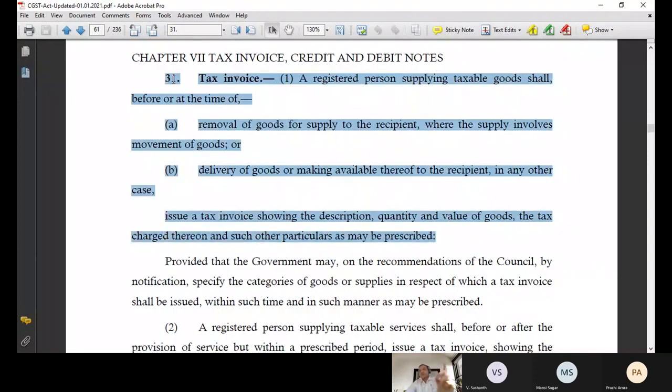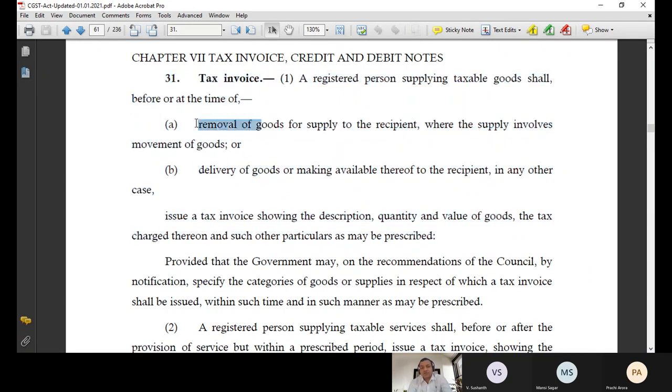You must remember that in 31 subsection 1 only goods are covered, taxable goods are covered, and a registered person is covered. If a registered person is supplying the goods, for example, if today on 20th March 2021, I am purchasing a laptop from a supplier who is a registered person, then today itself, before removal of goods from that shop, if I come out with the laptop outside that shop, I must have the tax invoice with me.